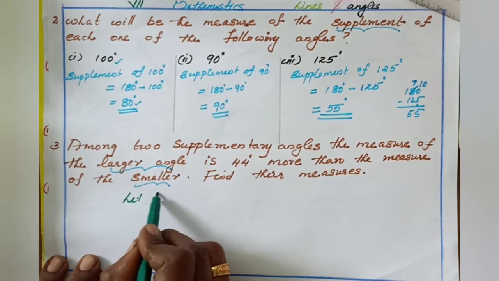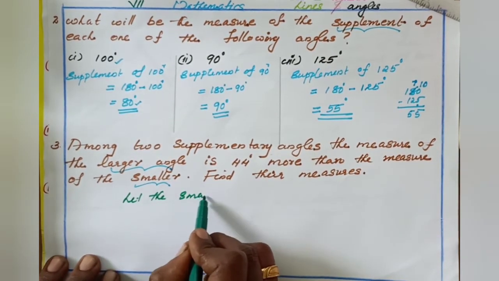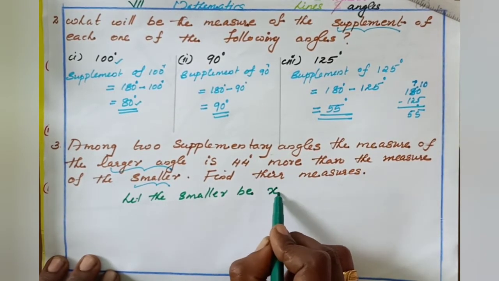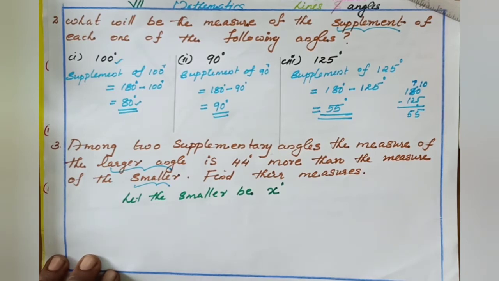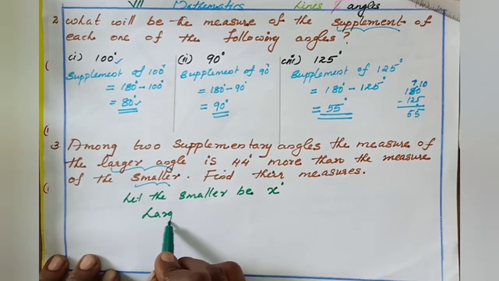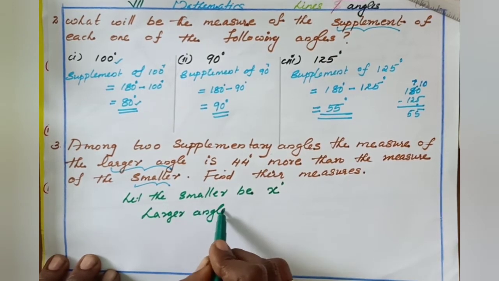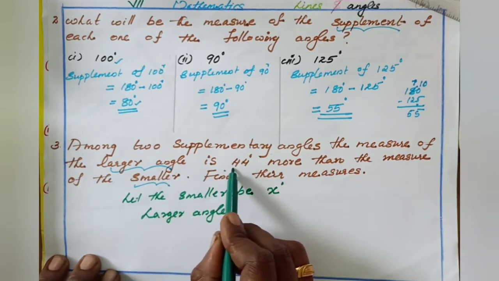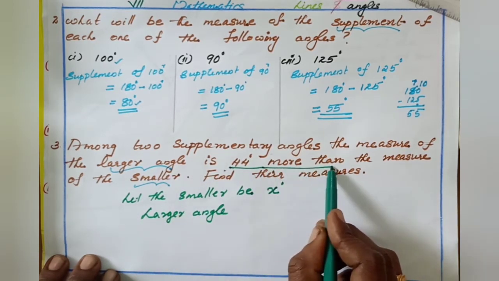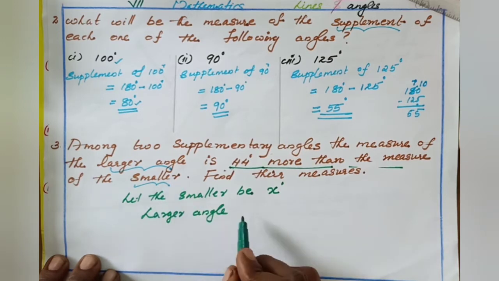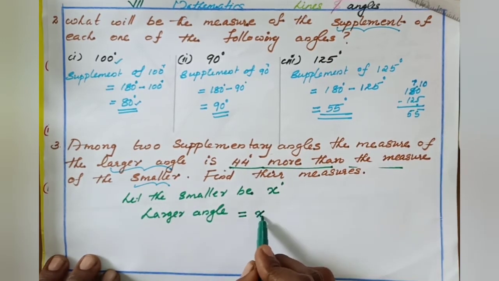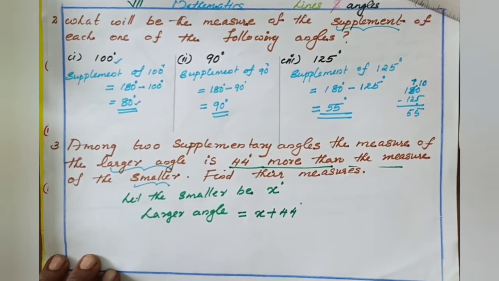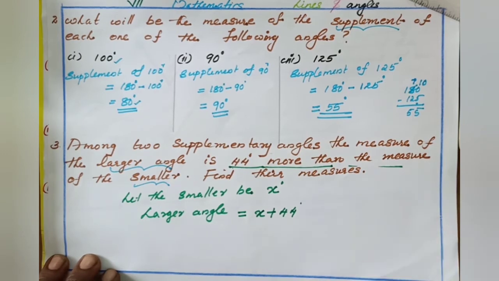So let the smaller angle be x degree, since we don't know that unknown quantity. Then the larger angle is x plus 44 degree.